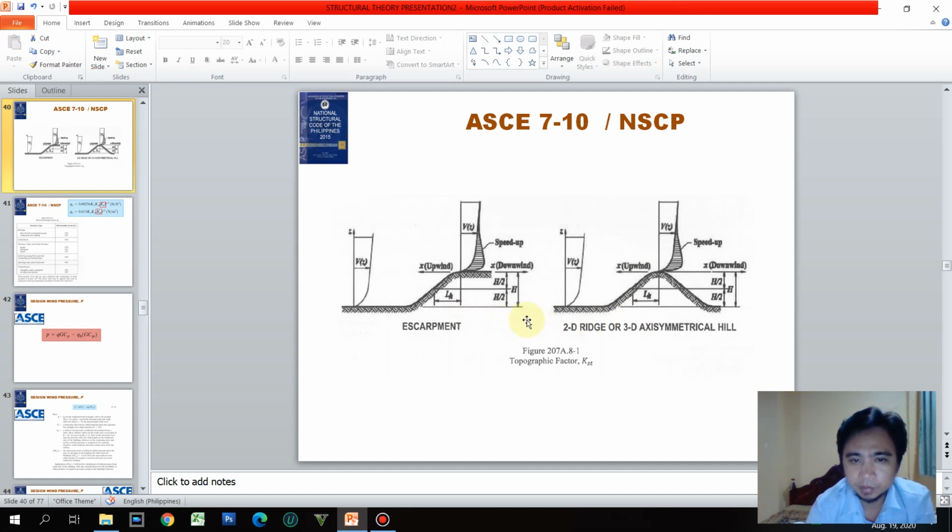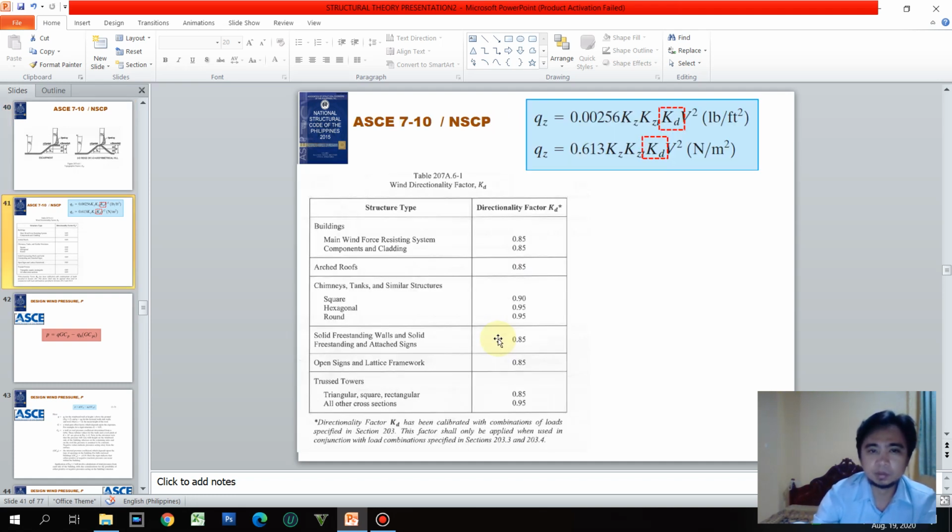Okay, if we have this as the inclination, let us just divide that by 2. The horizontal distance caused by this inclined distance is LH, and then we have H over 2, and the total is H.